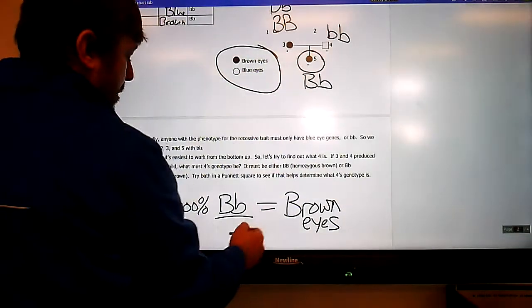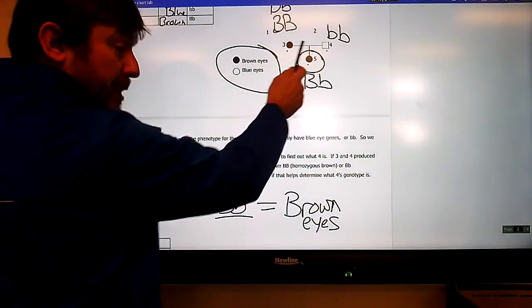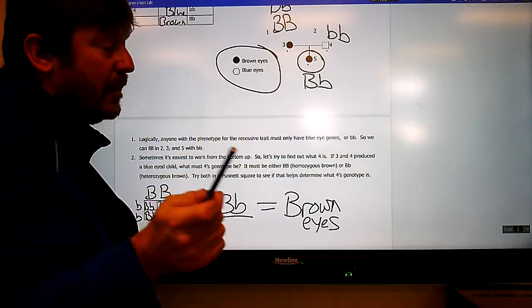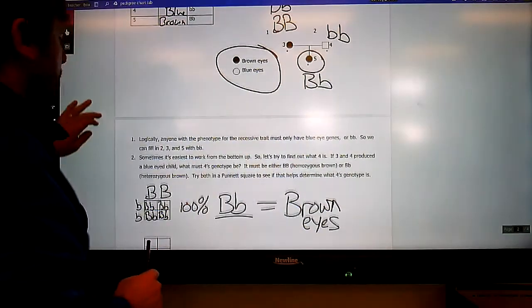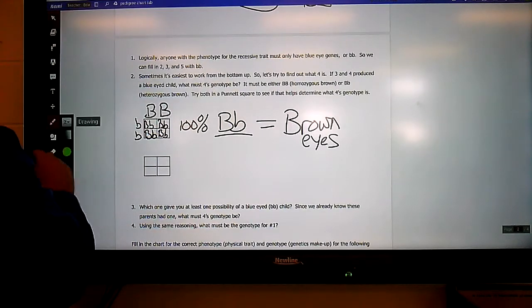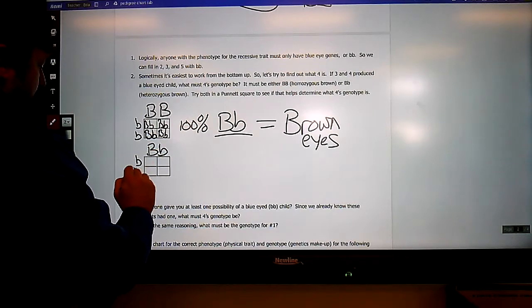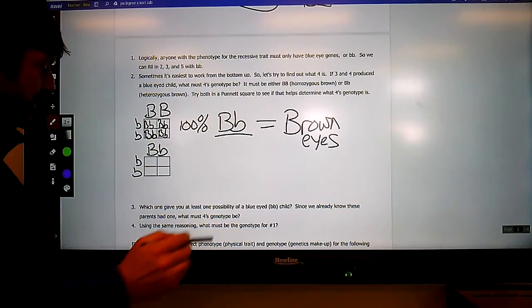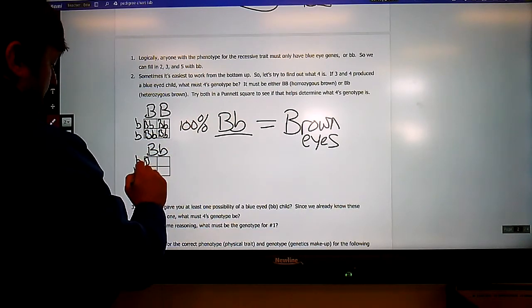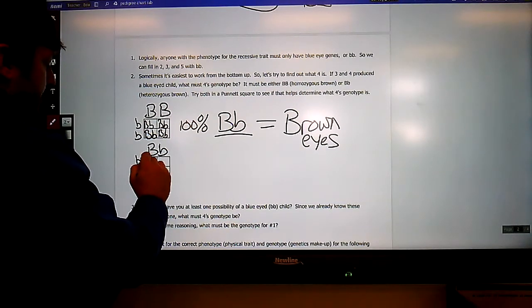Could this pedigree, or this Punnett square right here, represent this mating? Yes. We are not sure yet, though, because there's only one offspring, so it's really not possible to tell which one is actually at work for this. Because if you look at this, if we take capital B, lowercase b, and cross it with lowercase b, you only have a capital B in 2 of these boxes, okay?